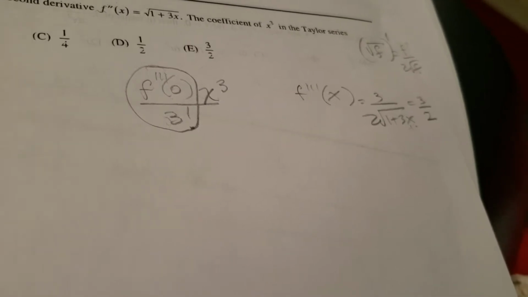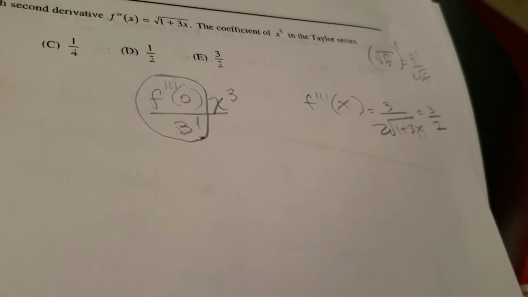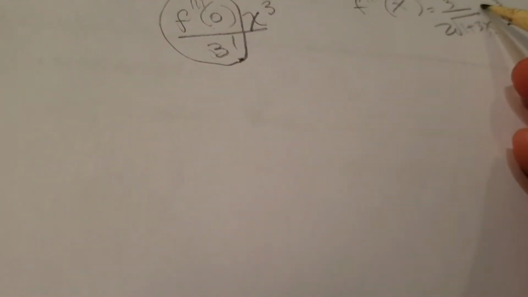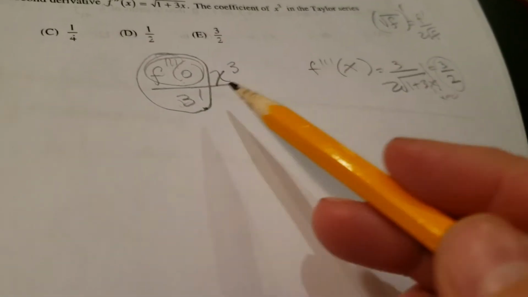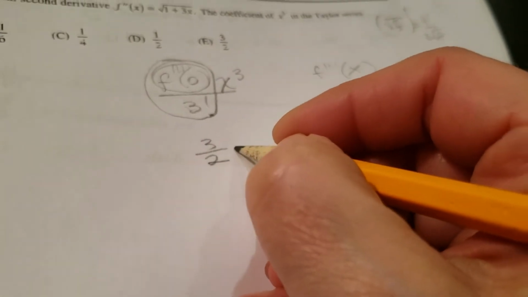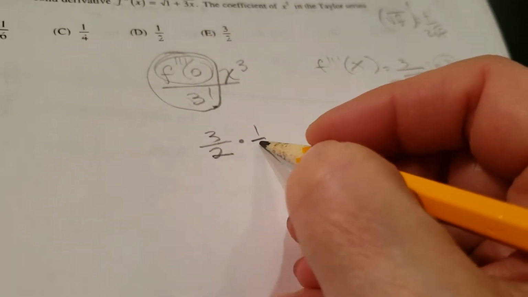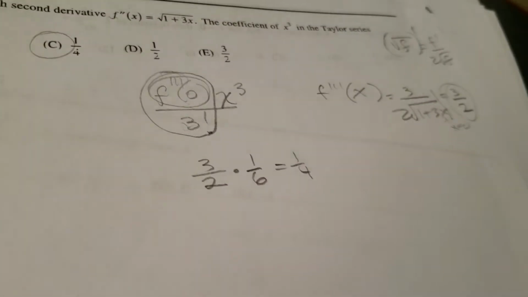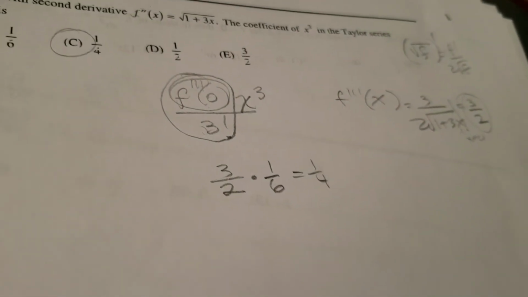So that's just f triple prime at 0. Now I have to divide that by 3 factorial, which is 6. So 3 over 2 divided by 6, and I get 1/4, which is choice C. And that's that.